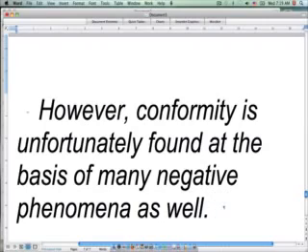Now, I know some people maybe are not so familiar with Chinese history, so the example that I'm going to use is from China, but you could use your own.